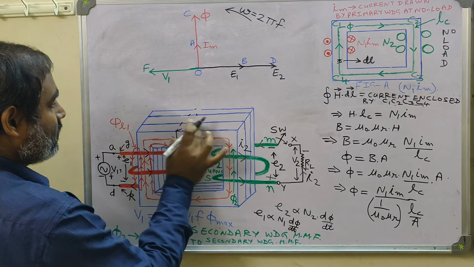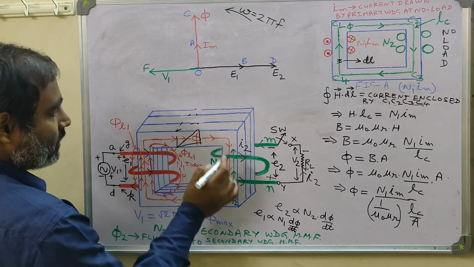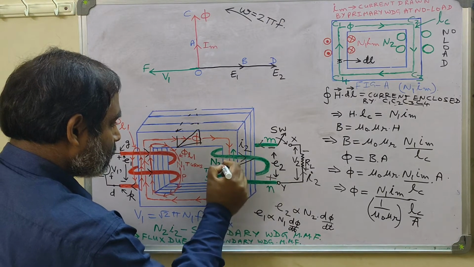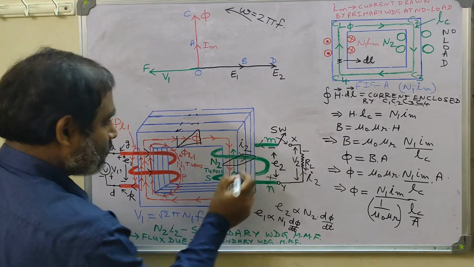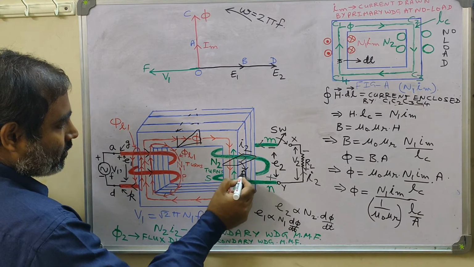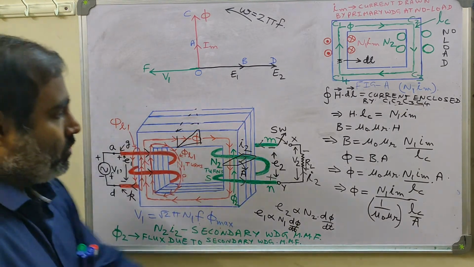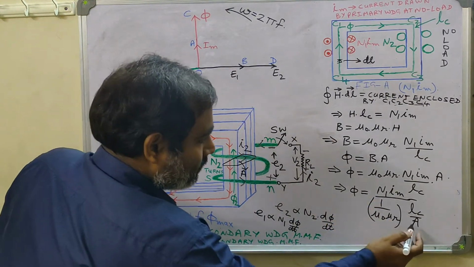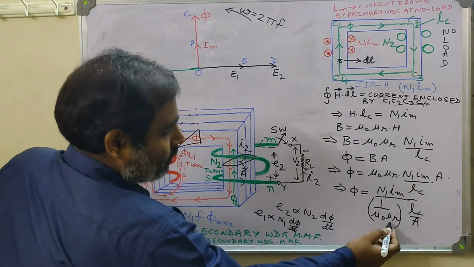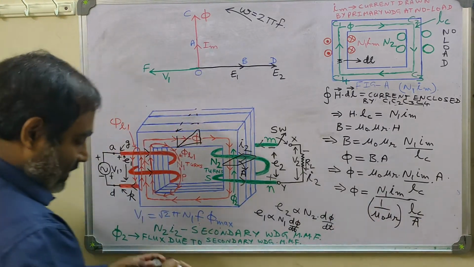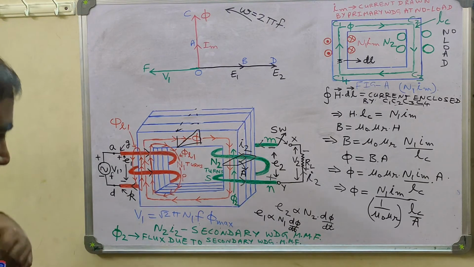So this particular thing is our area A. Now we have written flux equals N1 Im by 1 by mu naught mu r into LC by A. This particular term is known as the reluctance of this magnetic core of the transformer.